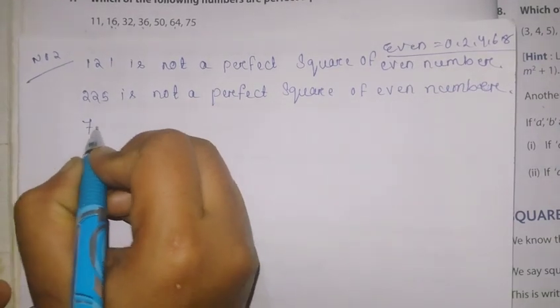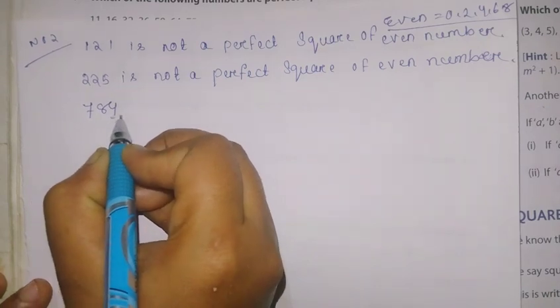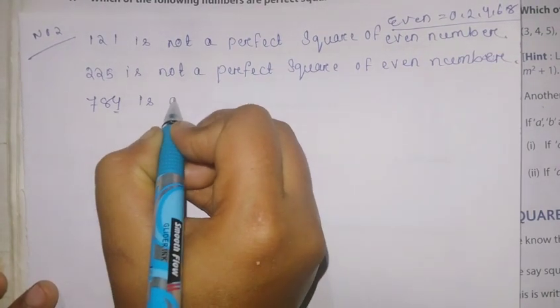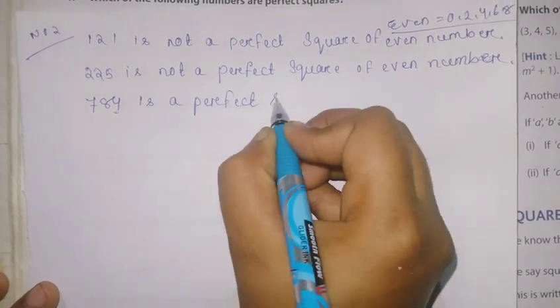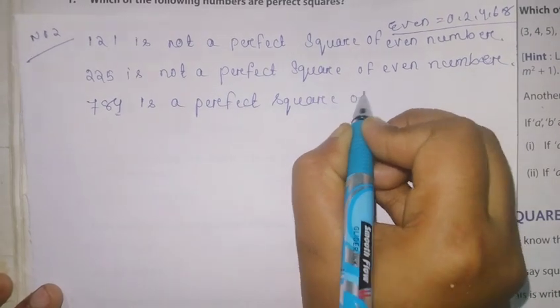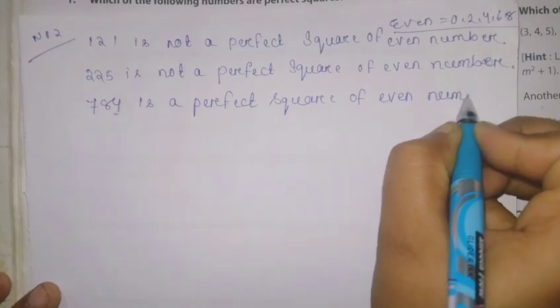Then 784. Its unit place is 4. It is a perfect square of even number.